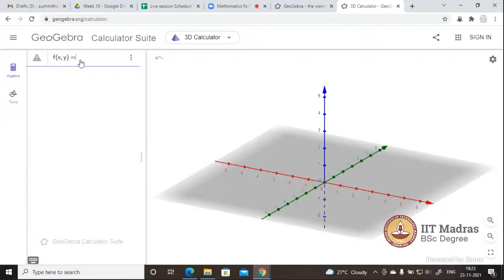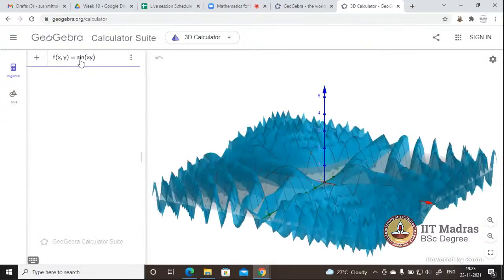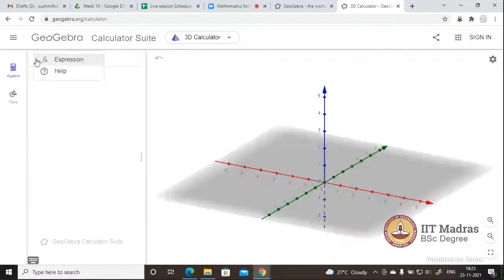The tutorial videos I made, I just learned how to do those things and then I never used this. Okay, so this is sine xy, and then what do I do? How do I add? I add an expression.